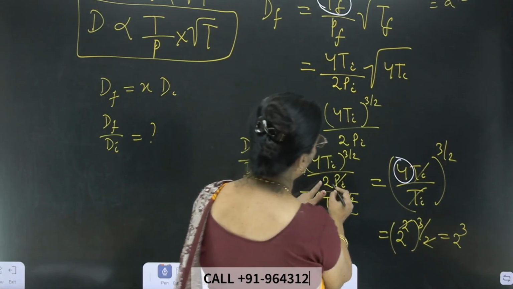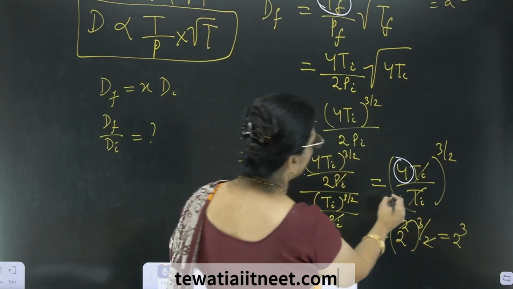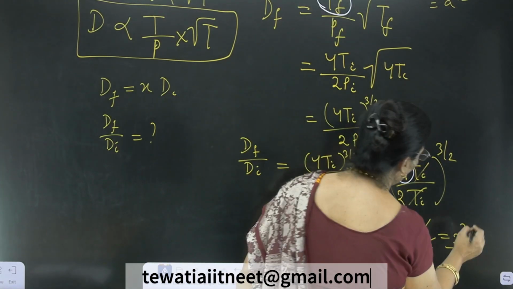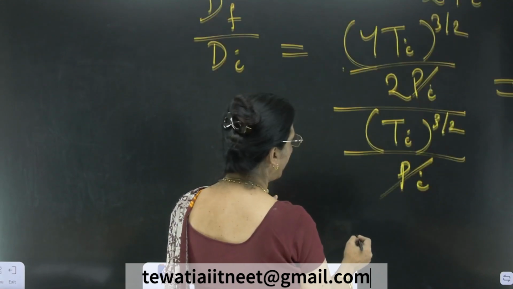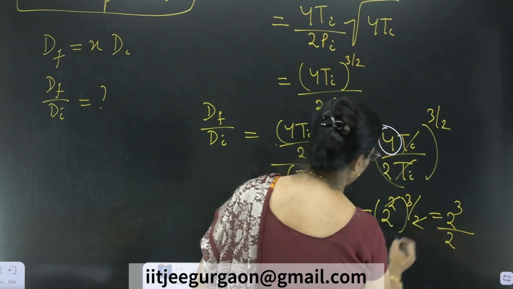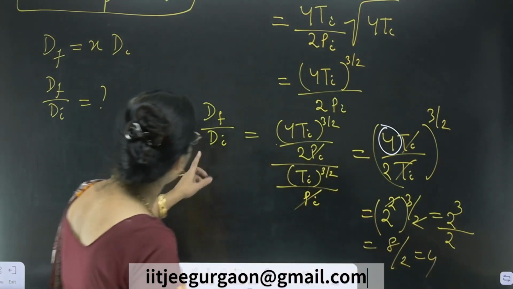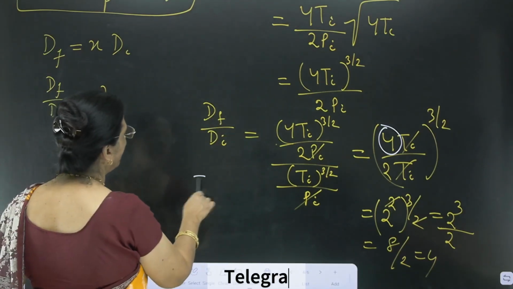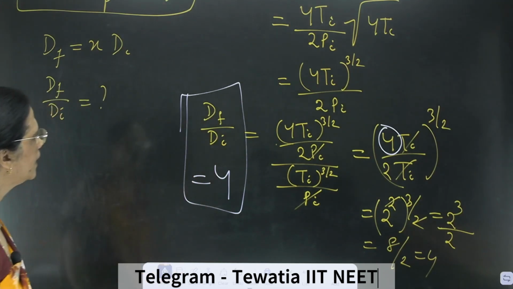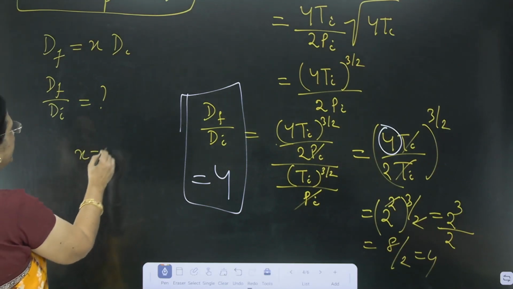The factor of 2 is also there, so it is 2 to the power 3 divided by 2. 2 to the power 3 is 8, so it is 8 divided by 2, which is 4. So what you are getting is Df by Di is equal to 4. That means x is equal to 4.